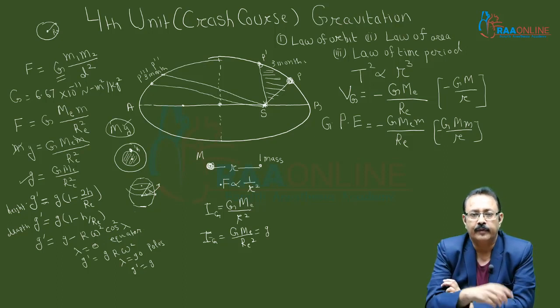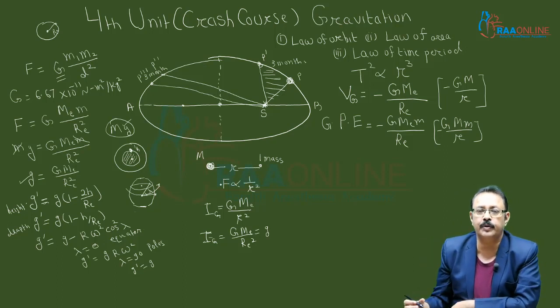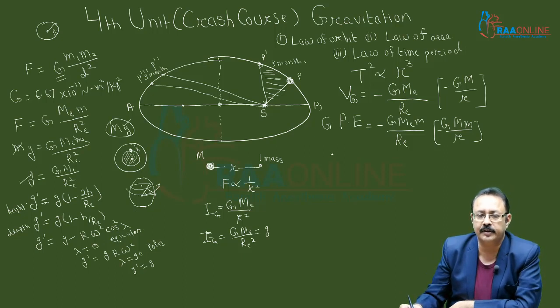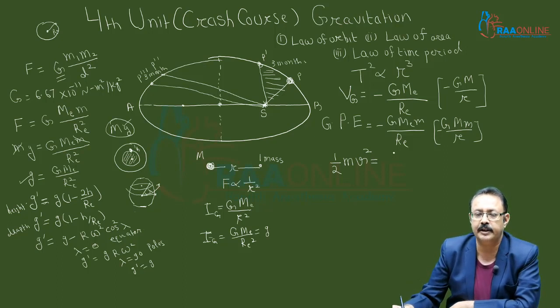Suppose you have a stone in your hand with mass m, and you want it to escape from Earth's surface, and for this purpose you throw it with velocity v. It means you are supplying this object an amount of energy equal to half m v square. If this positive energy is equal to the negative energy, only then will it escape the Earth.